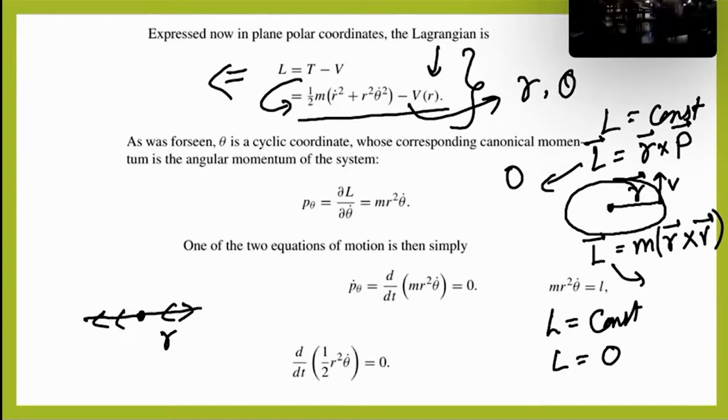What does this tell you? This points out that theta is a cyclic coordinate, and its conjugate momentum, that is p theta, which is nothing but your angular momentum, will be a constant of motion. This we have already proven.